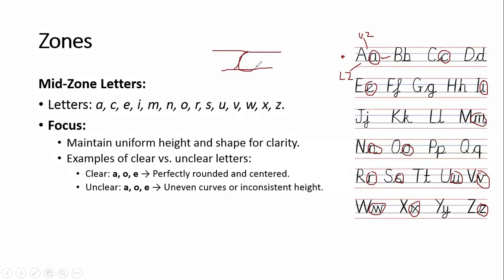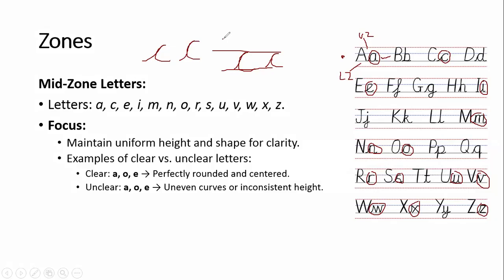So first alphabet we have to practice is C. Okay. Always start from left, go curve. I will repeat once again. Always start from left, go curve, and end towards right. Always start from left, retrace, and end.